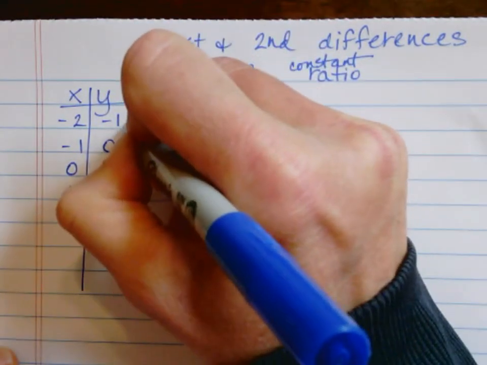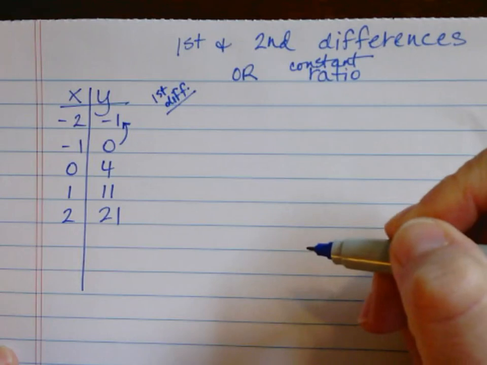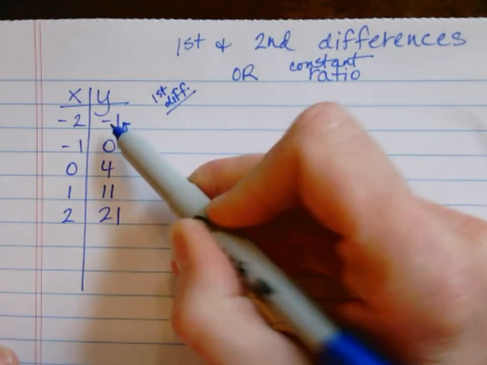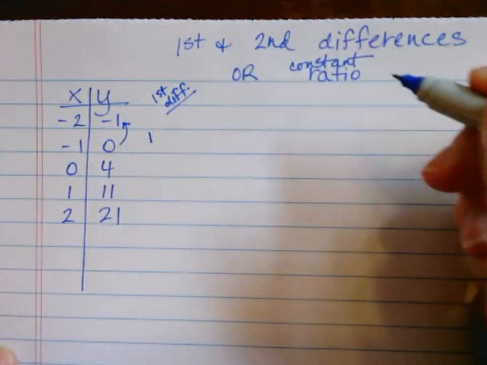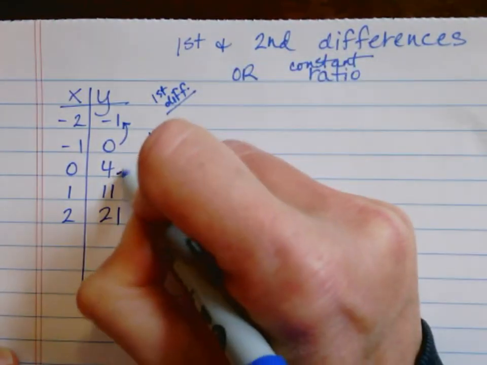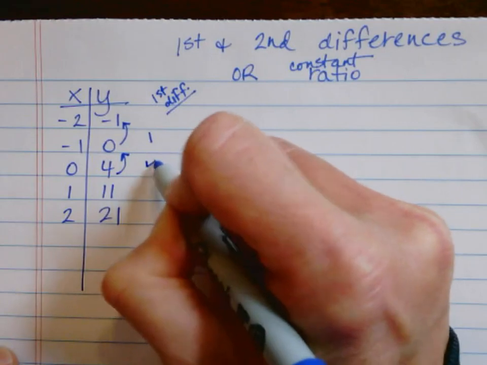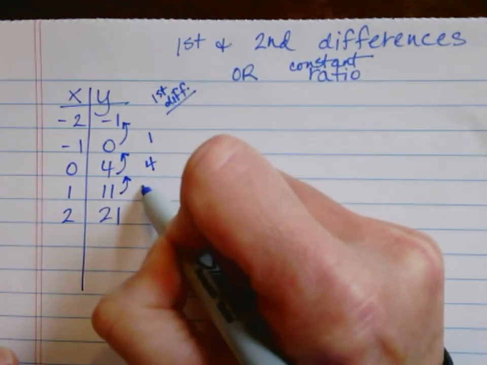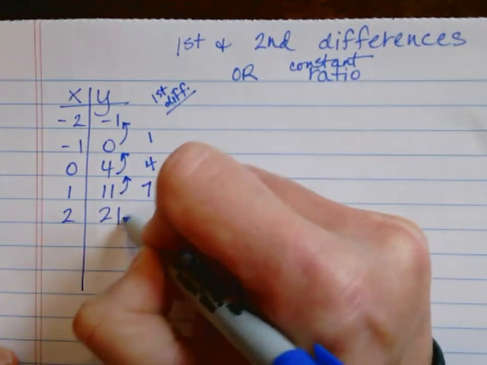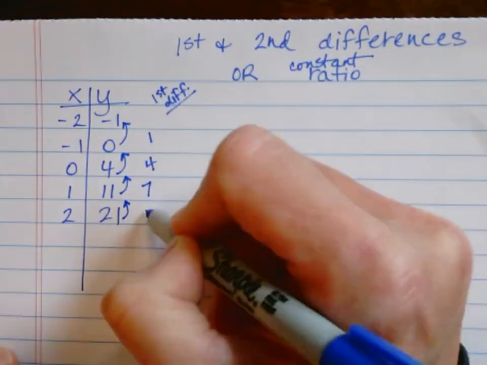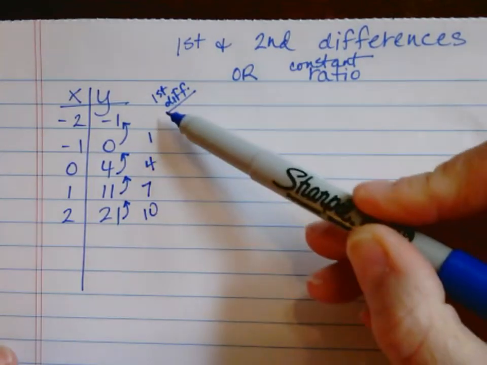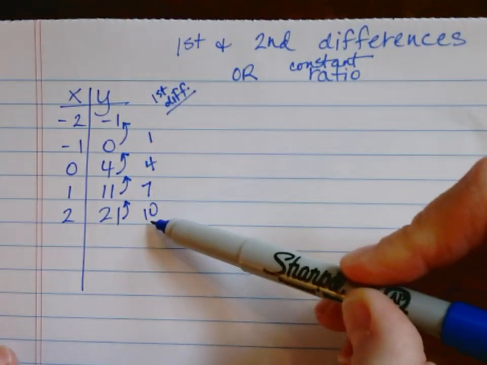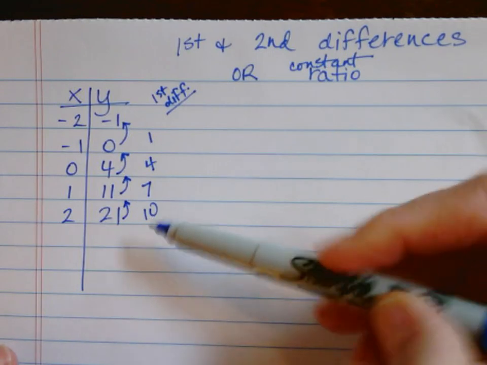What is 0 minus -1? It's 1. What is 4 minus 0? What is 11 minus 4? And what is 21 minus 11? The first differences show us that this data is not linear.